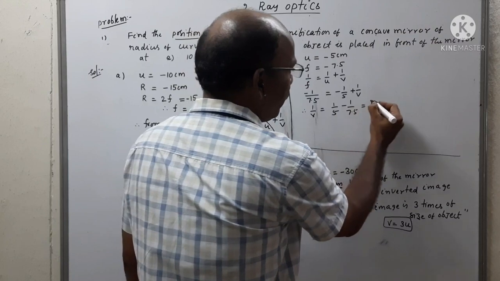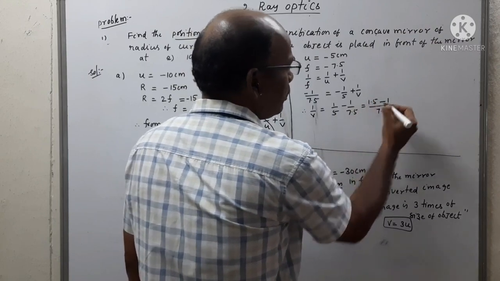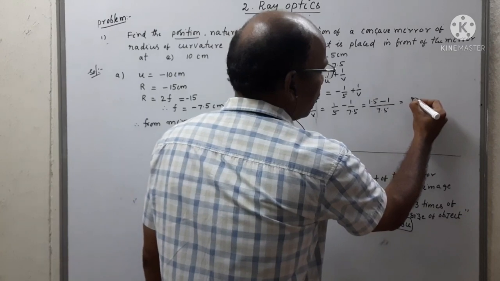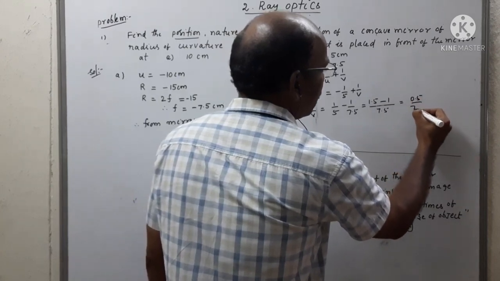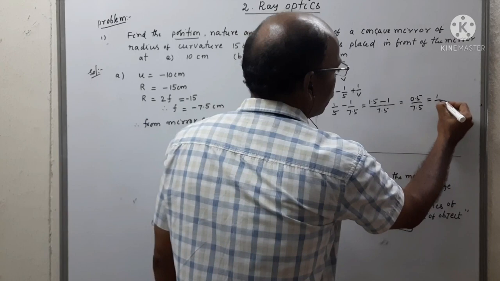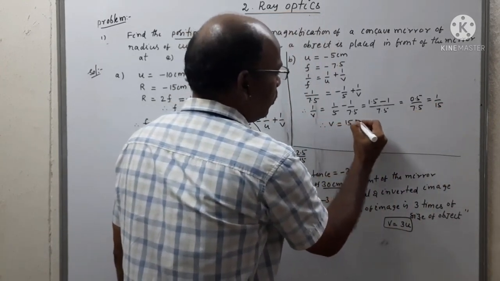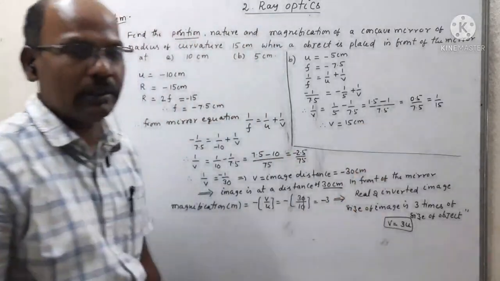So 5 into 1.5 minus 1, that is equal to 0.5 by 7.5, so 1 by 15. Therefore, v is equal to 15 centimeters.